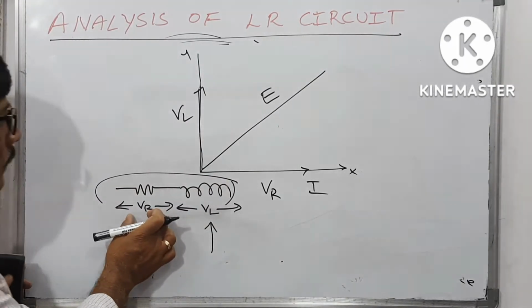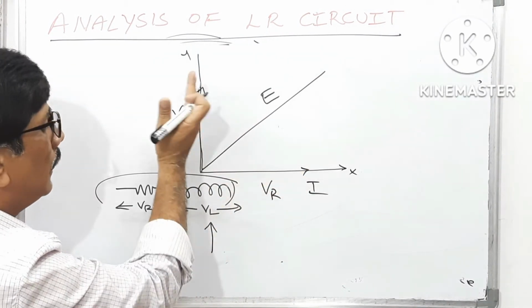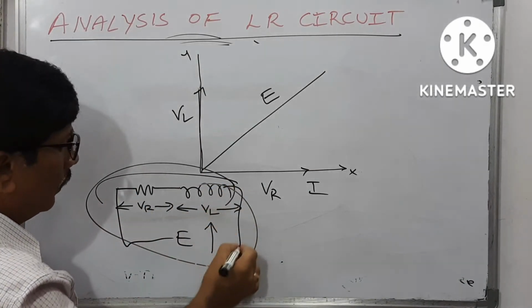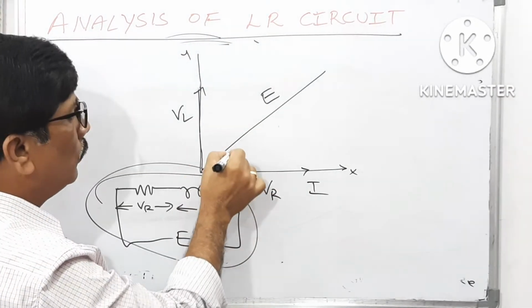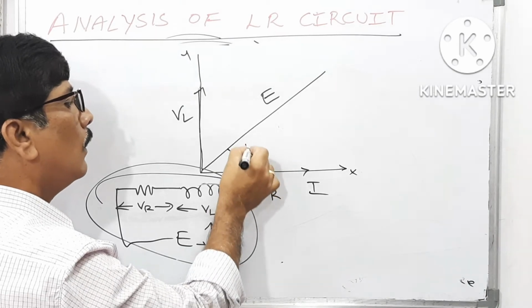They are shown along the x-axis and y-axis. The net EMF across these two is like this. By using the Pythagoras theorem, you can write the net EMF at any instant.